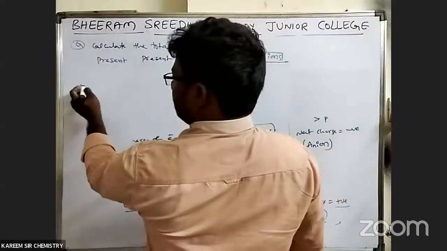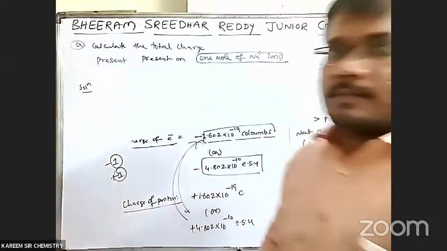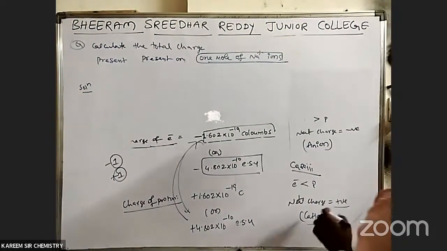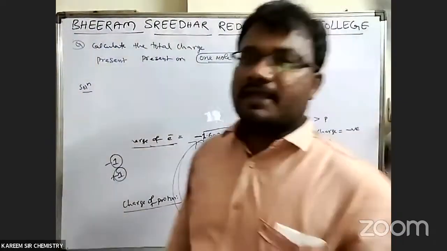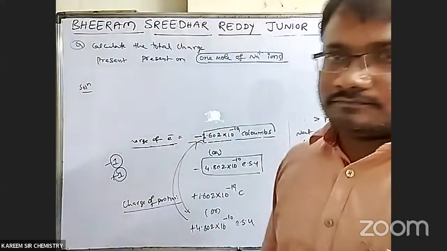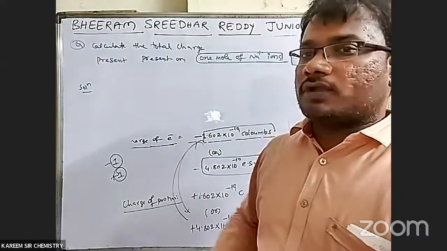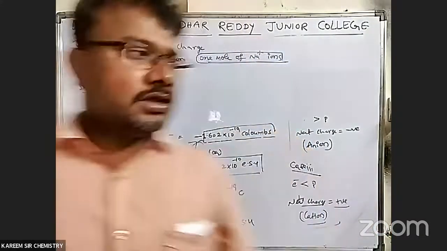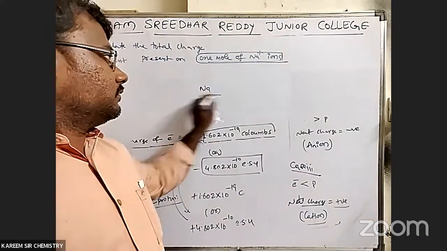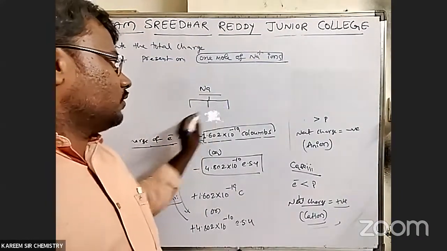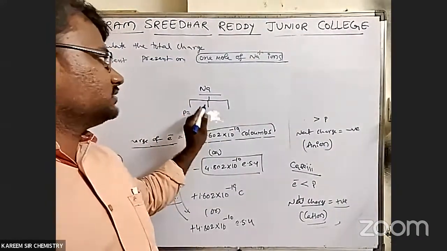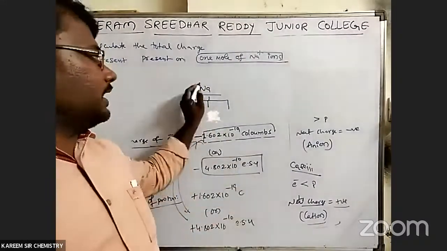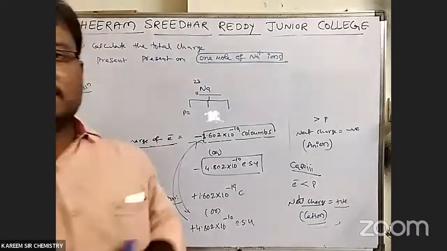See here. Sir, can you explain about cation again? Cation means protons are greater than electrons. Okay, sir. Suppose sodium is there, how many protons, how many electrons, how many neutrons are there? Sodium has atomic number 11 and mass number 23 generally.